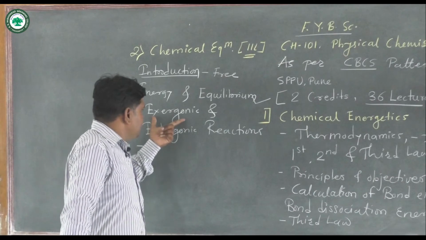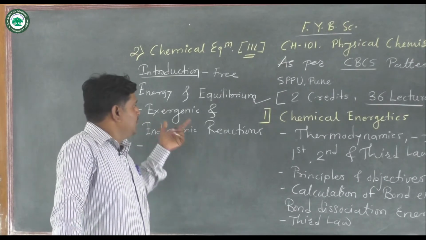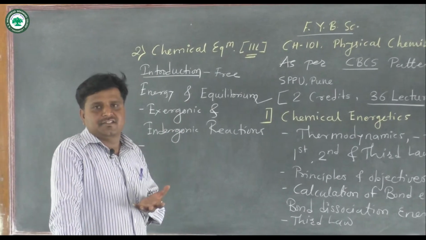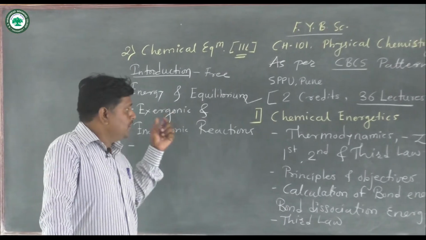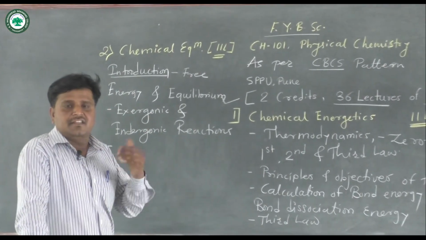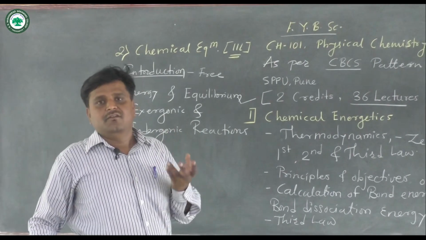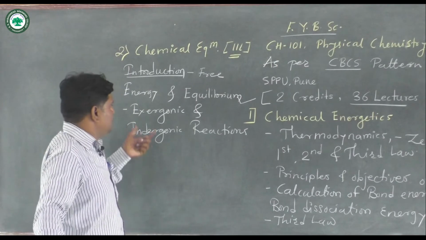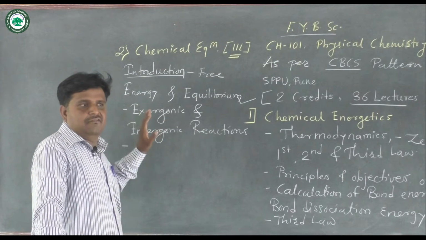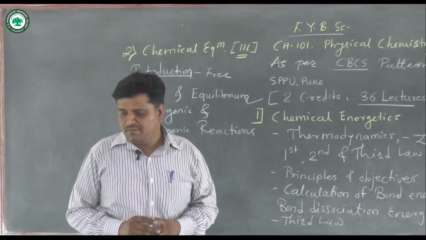In case of an exergonic reaction, heat is evolved from the reaction, so we call this an exothermic reaction. Some points related to that we can discuss separately in this chapter, chemical equilibrium.